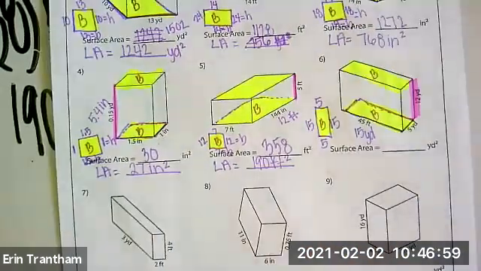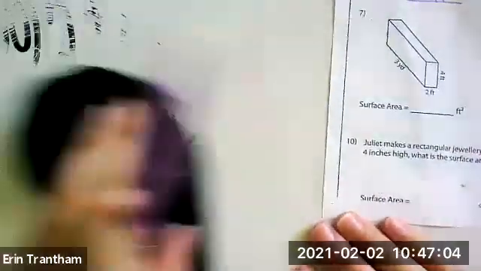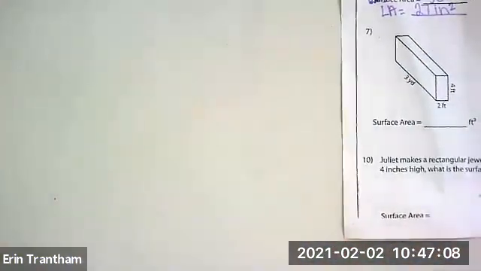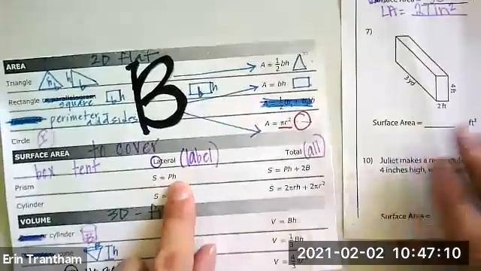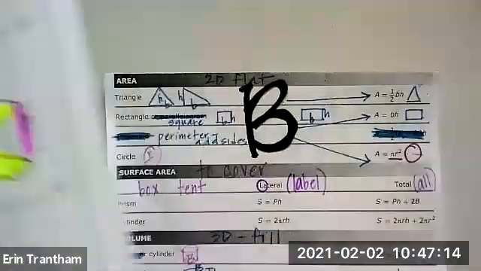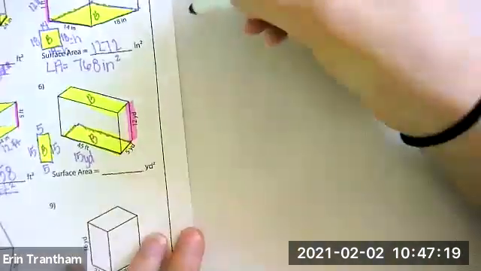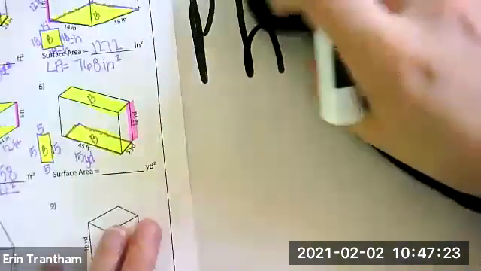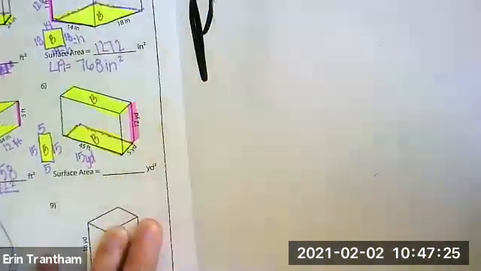The lateral surface area, what's the formula? For lateral surface area of a prism, it's right here. Big P H. We know our height of this box is 12.